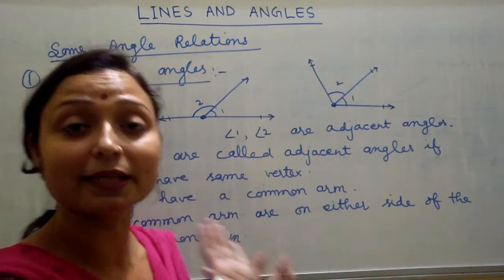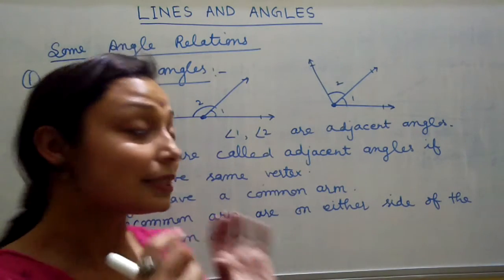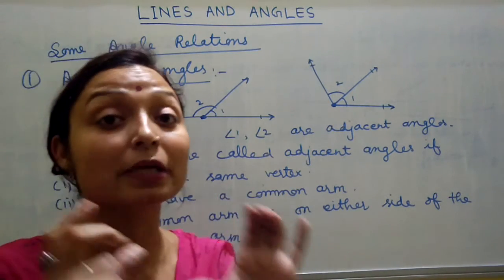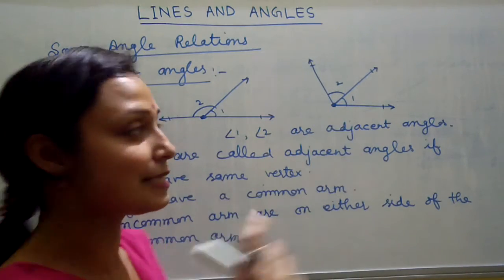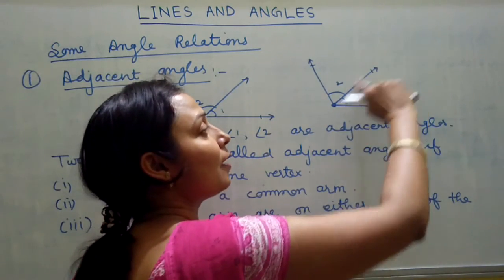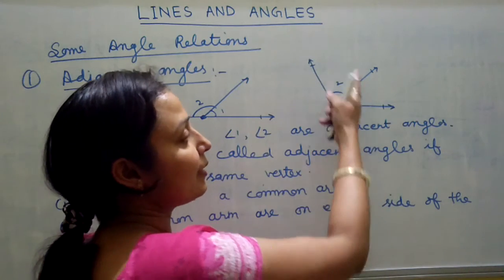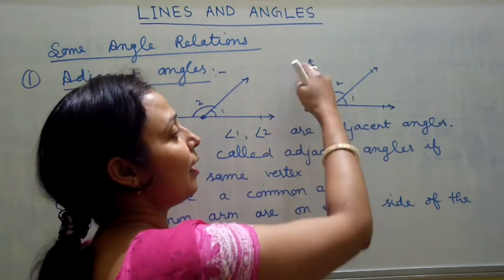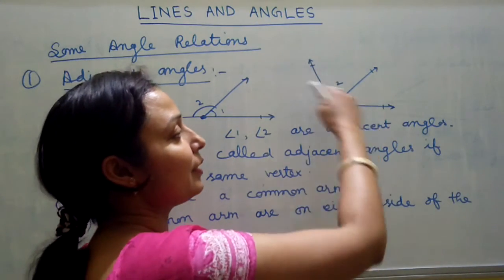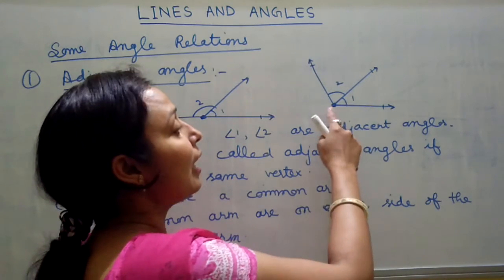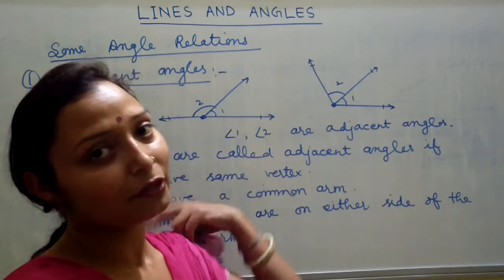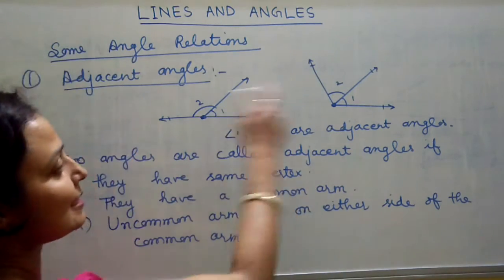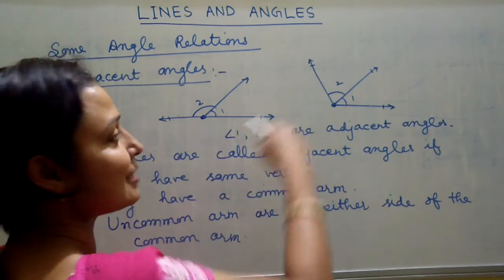I want to write the definition because I want each and every term to be clear in your mind. Two angles are said to be adjacent if the same common arm is with angle 1 and angle 2, the uncommon arms are different, and they have the same common vertex. So angle 1 and angle 2 are adjacent angles.